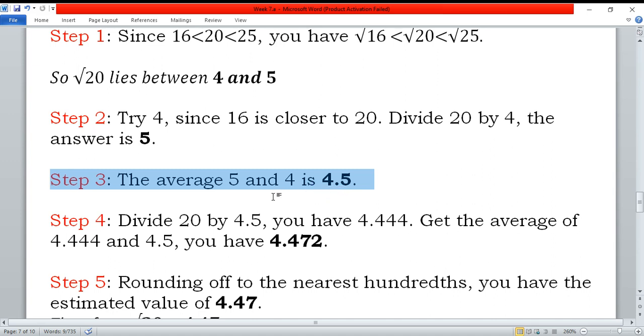Ito yung sagot kanina, ito. Tapos yung divisor. Okay? Yung divisor, tapos yung result ng step 2 ay kinuhang average. Paano nga ulit kunin yung average? You have to add 5 and 4 and divide by 2. So the result will be 4.5.